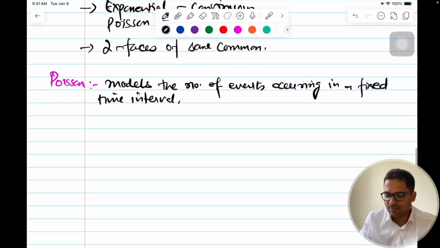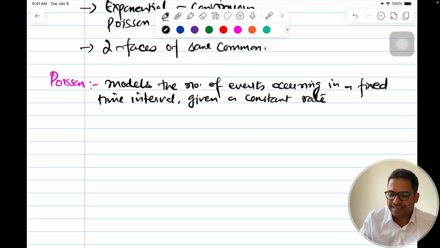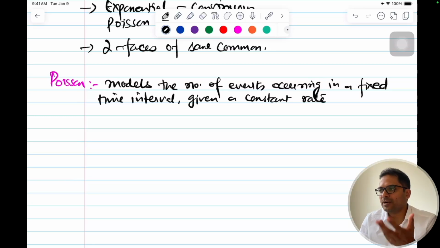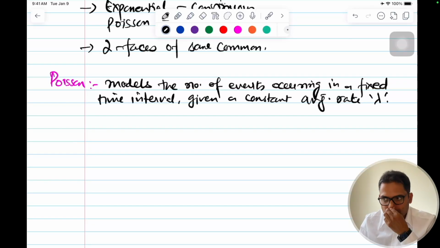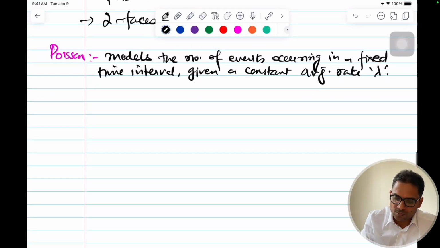What is given? A constant average rate, this is called lambda, denoted by lambda.